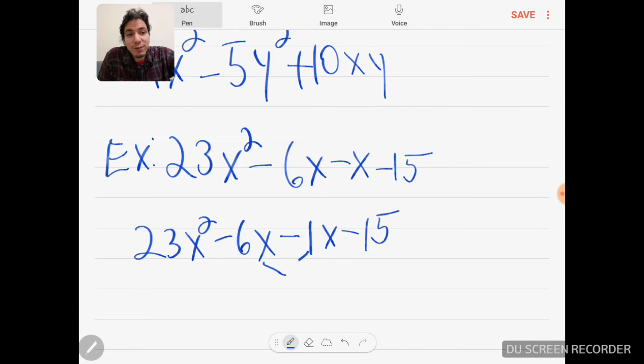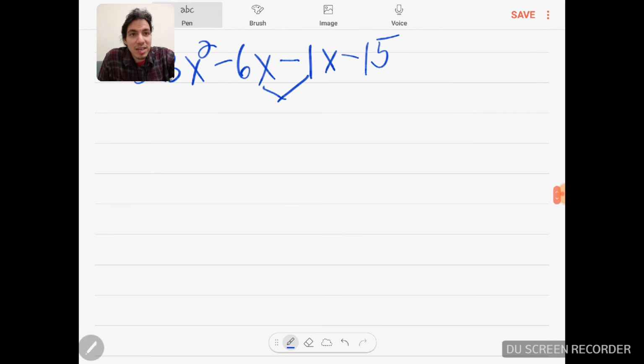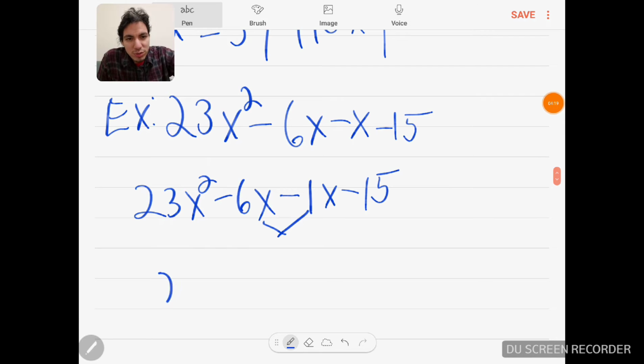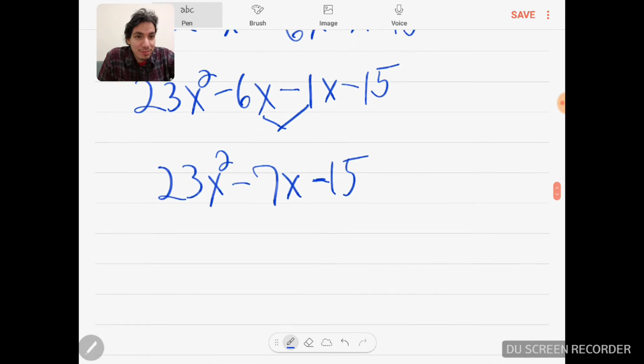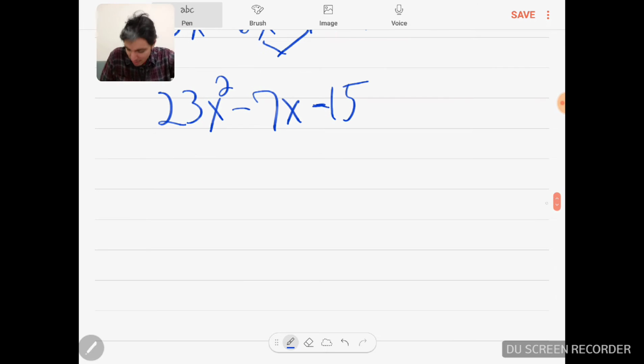Now you can combine the negative 6x with the negative 1x to get 23x squared minus 7x minus 15. It's not negative 5 because when the signs are the same, you keep the sign and you add the numbers. You get negative 7x.